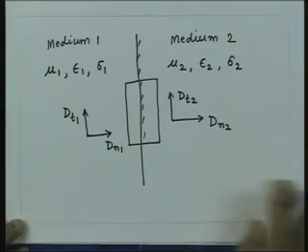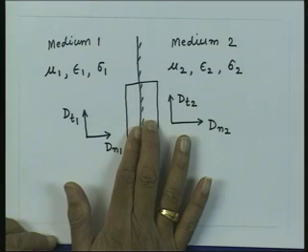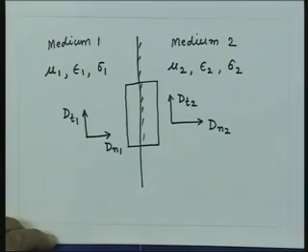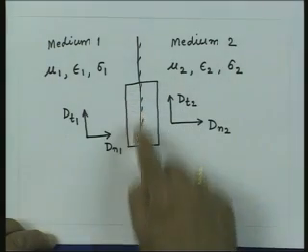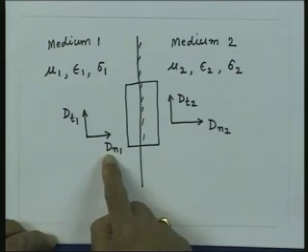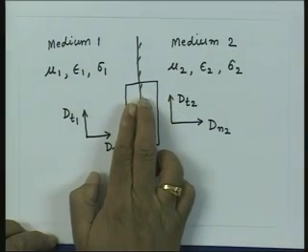However, the other case could be that when this box goes to 0, I have a surface charge here, and if there is a surface charge here, then the difference of these two should be equal to this charge, because this is the charge enclosed by this box.